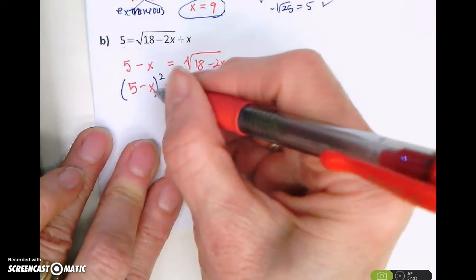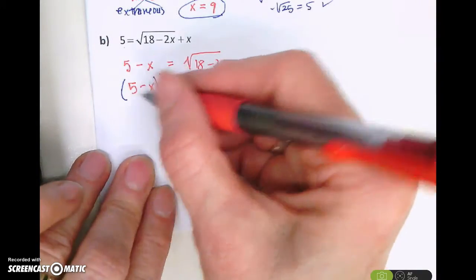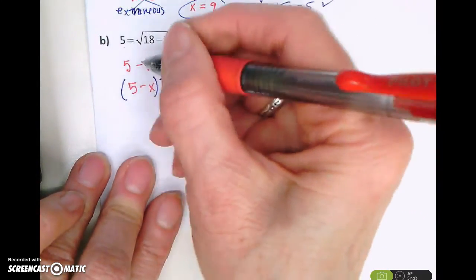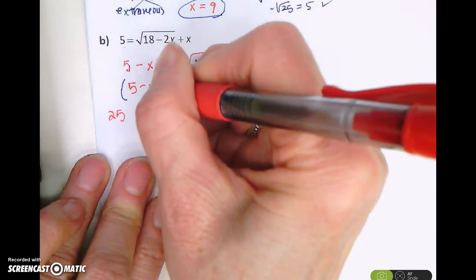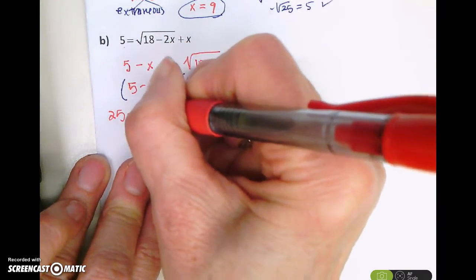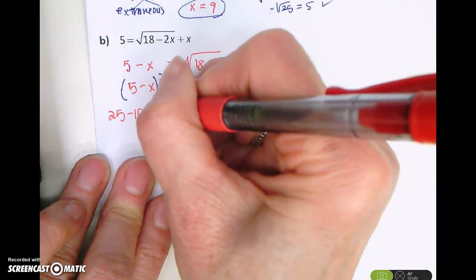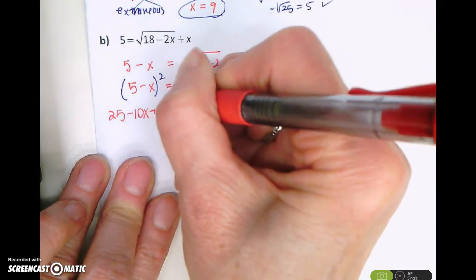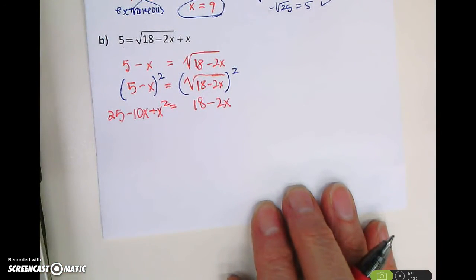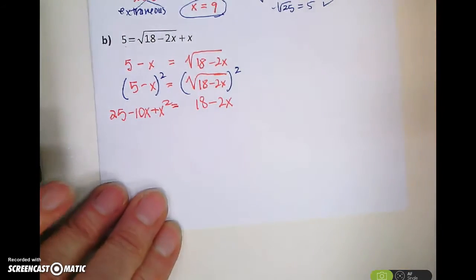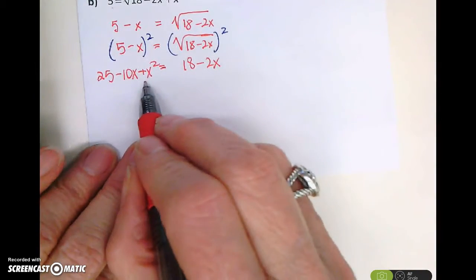And then when I square this left side, then I'm going to double distribute. So I'm going to get 5 times 5 is 25. A negative 5x and a negative 5x is negative 10x. And then negative x times negative x is plus x squared. So double distribute.